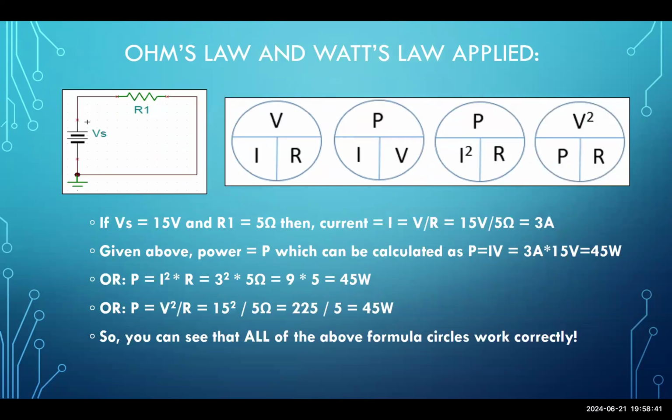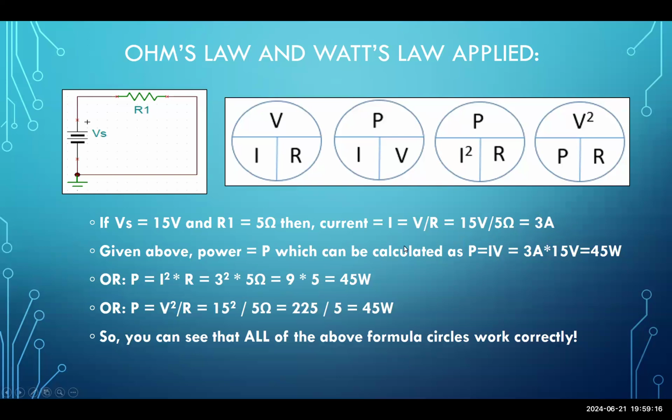All right, Ohm's law, Watt's law applied. Now, let's talk about this. If voltage is given as 15 volts, R is equal to 5 ohms, then current is, we've done this before, V over R, 15 volts over 5 ohms calculates to 3 amps. Done. Given the above, power P can be calculated as I times V. From the first line, we calculated I as 3 amps.